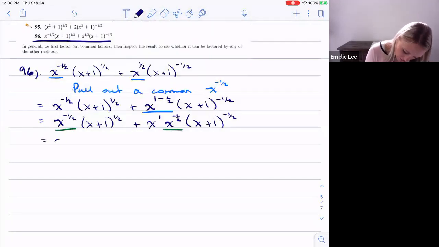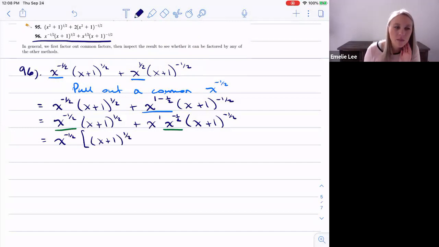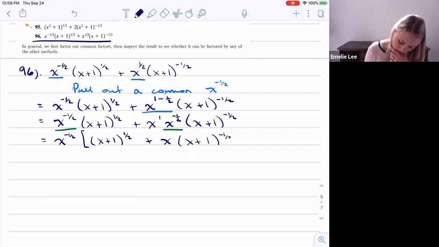So this becomes x to the negative 1/2 times x plus 1 to the 1/2 plus x times x plus 1 to the negative 1/2. So I've pulled out the lowest power of x.